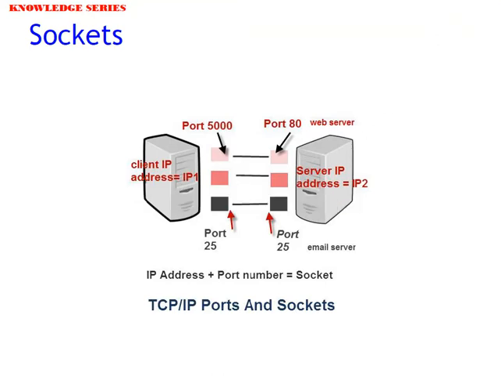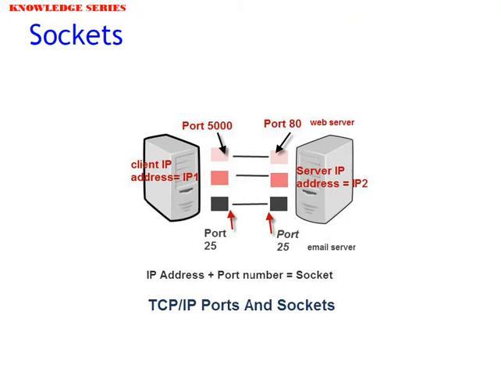Now assume that you are looking for Yahoo. In that case, IP1 plus your port, and you are going to another site. Let us take IP3 as the site related to Yahoo, IP3 plus port 80.